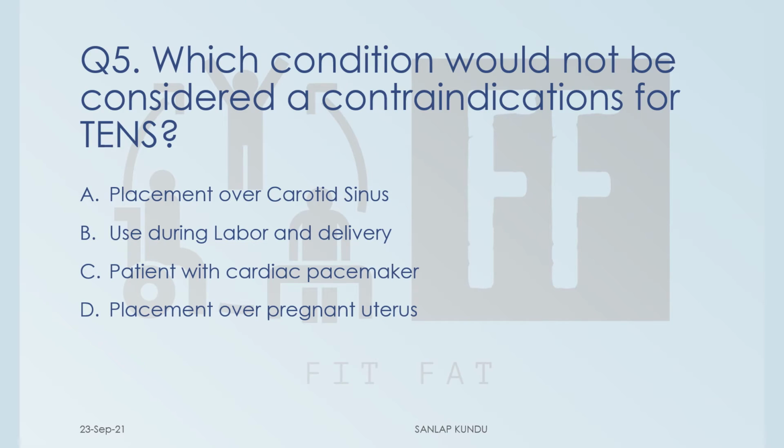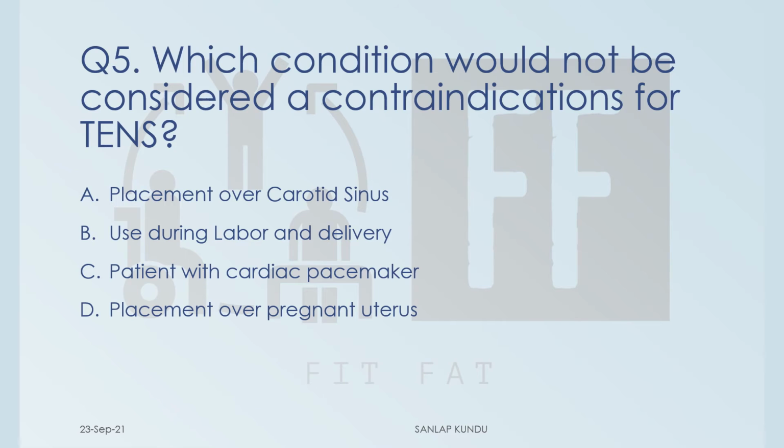Now why option B? Used during labor and delivery. Because if we apply TENS towards the end of pregnancy at the time of labor, it basically induces a painless delivery, right? So we can use TENS during labor and delivery.